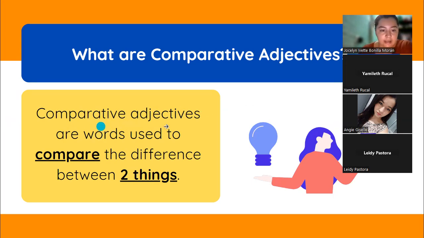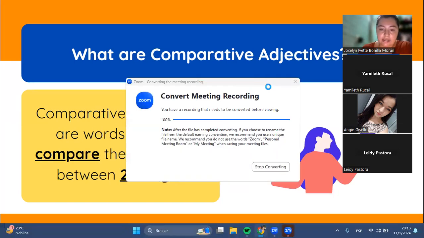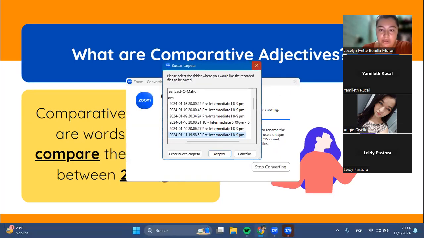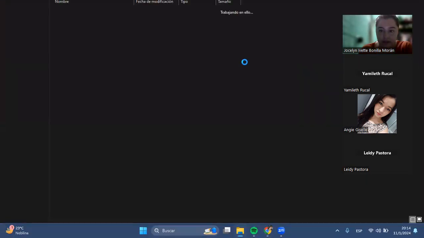Help me, Angie, please. Read the concept. Comparative adjectives are words used to compare the difference between two things. Okay, good. Yes, we use them for comparing two things.